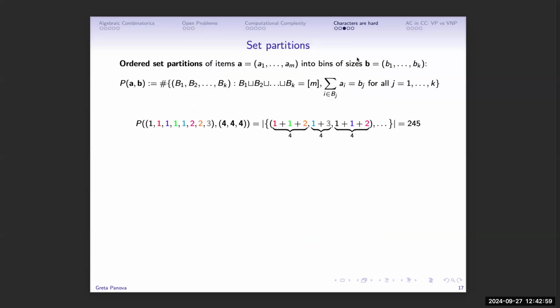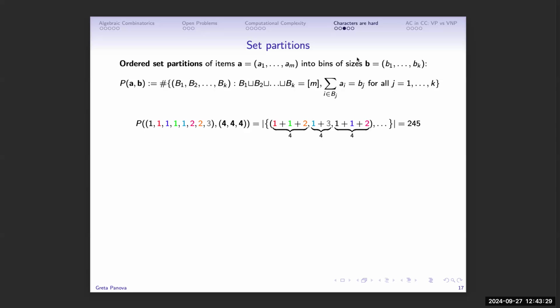So how do we do this? How do we show something's not in sharp P? So we need to find various reductions. That's how usually things work in computational complexity, to reduce to some known hard problems. And we're gonna start with what's called ordered set partitions.